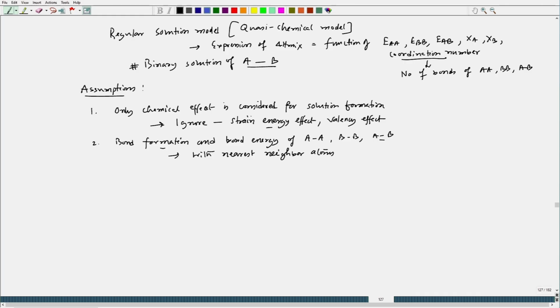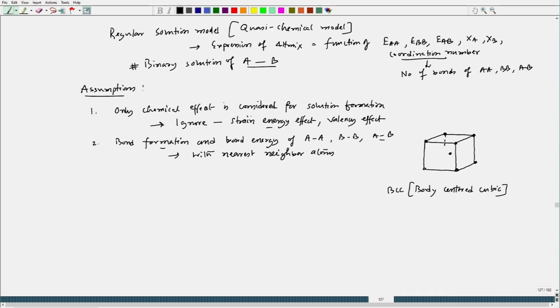Let us consider a BCC unit cell. Okay. So, now we have a BCC unit cell. BCC means body centered cubic, where you have one lattice point at the body center, and other lattice points at all the corner points.